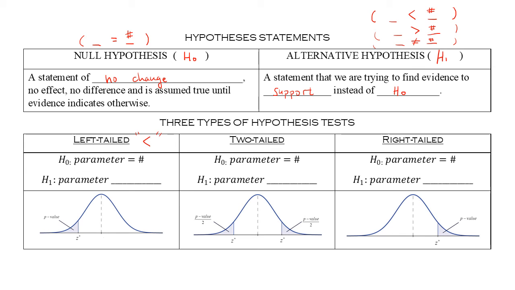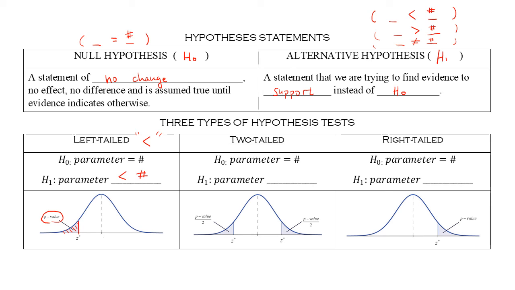So for our alternative hypothesis, if we have it's less than some number, then we're computing the area of this region here, and that will tell us what we're using for our p-value. Depending on what that p-value is, it'll tell us whether or not we have enough evidence to support our alternative hypothesis.